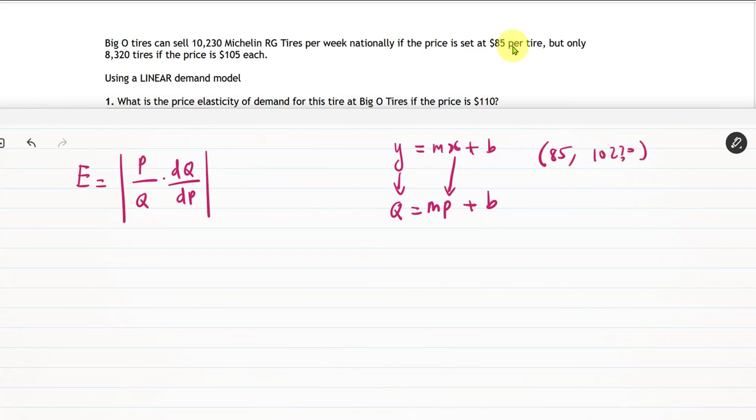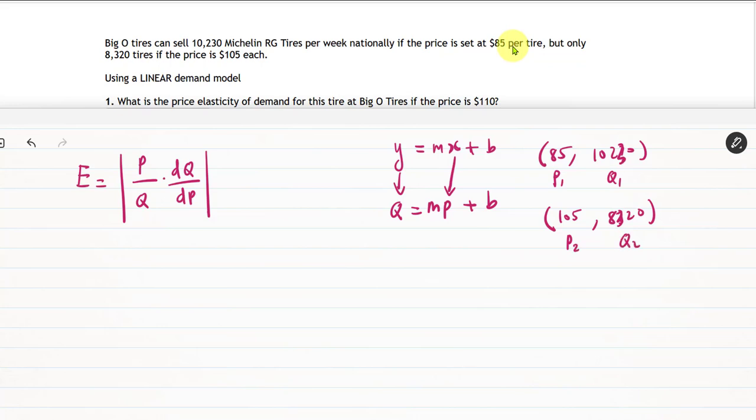Let's call this my P1 and my Q1. And then they can only sell 8,320 if the price is 105. Higher price, the demand goes down. This is my P2 and Q2.